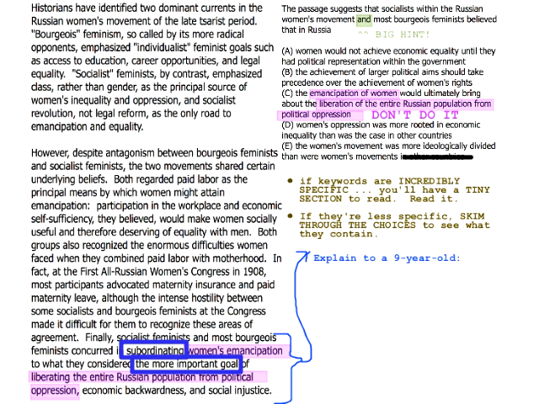How would you explain that to a 9-year-old? Yeah, that's what it says. It says that the women's cause, these people, both sets of people, agreed that the cause of women was less important than the overall situation of the Russian population.